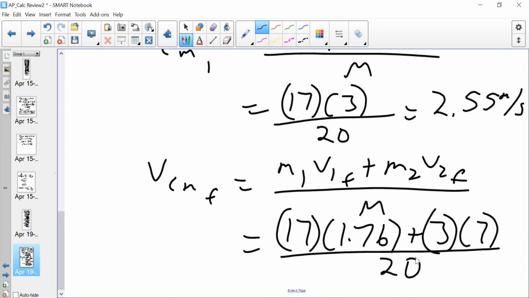And you'll find that's roughly 2.54 something or other. So you can prove to yourself that it is the same.